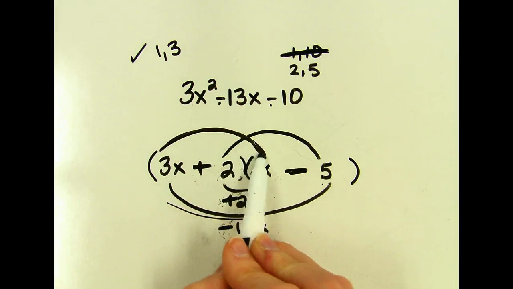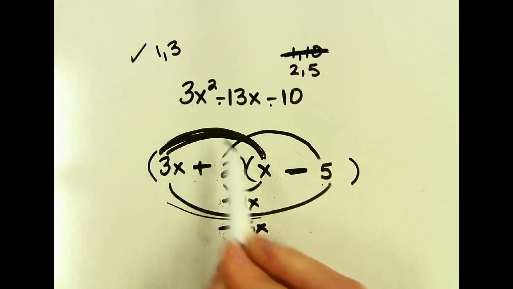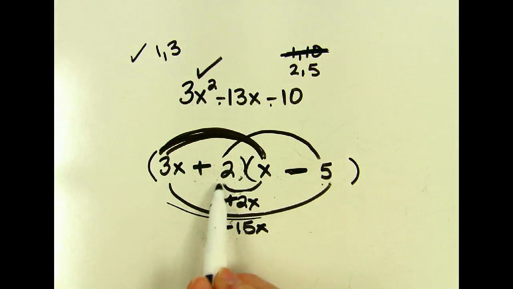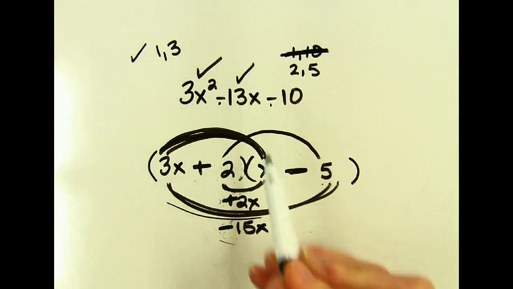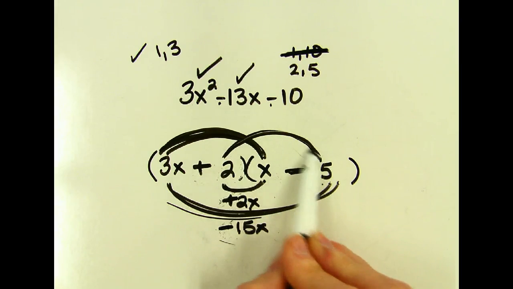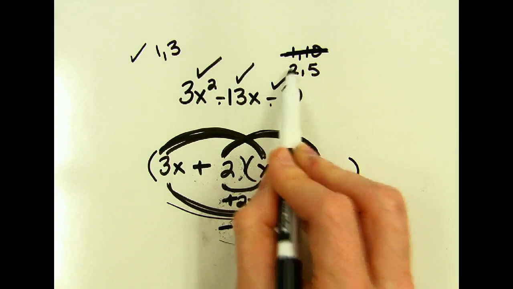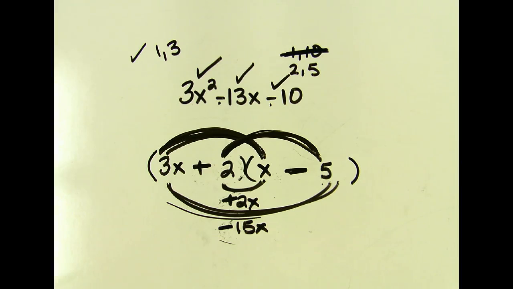So let's check it. 3x times x is 3x squared. Positive 2x, negative 15x gives me negative 13. I've got it. And then a 2 and a negative 5 gives me a negative 10. So I just found how to factor that with a lot of guessing and checking.